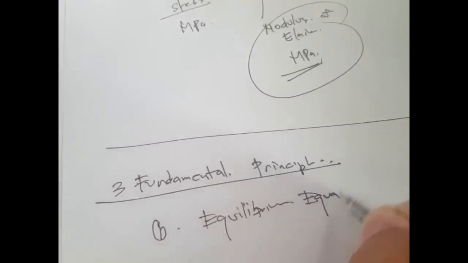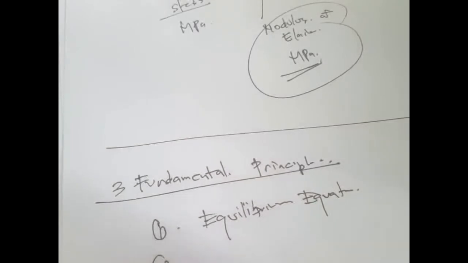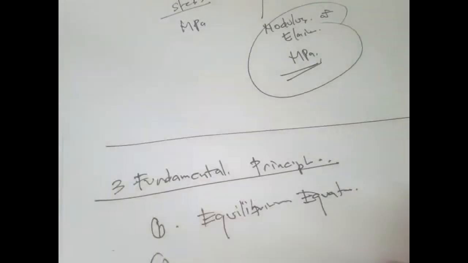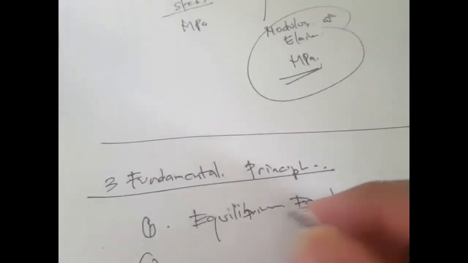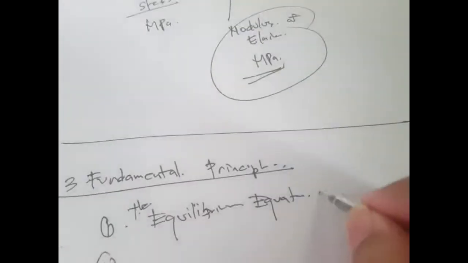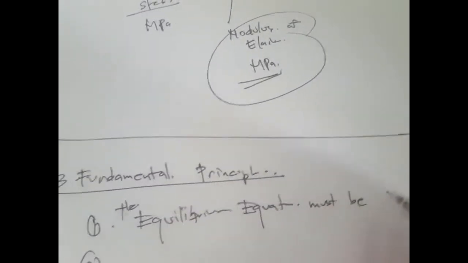Sometimes the problem is not enough, or the number of unknowns is much greater than the number of available equilibrium equations. The equilibrium equation must be satisfied.